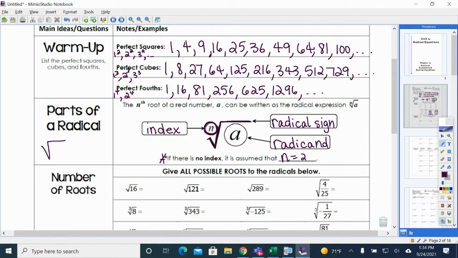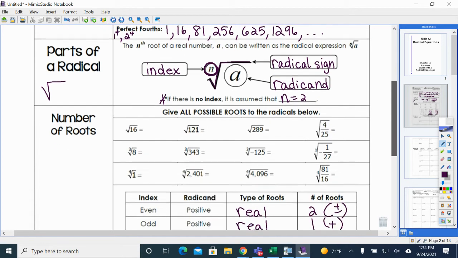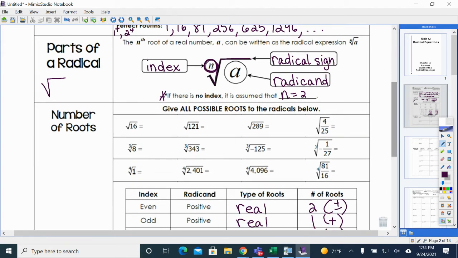So let's look at this next set in our notes. It says, give all possible roots to the radicals below. So the square root of 16 can be a positive and a negative 4. And we learned that when we studied the square root property.